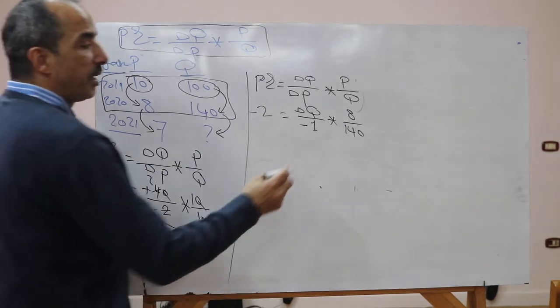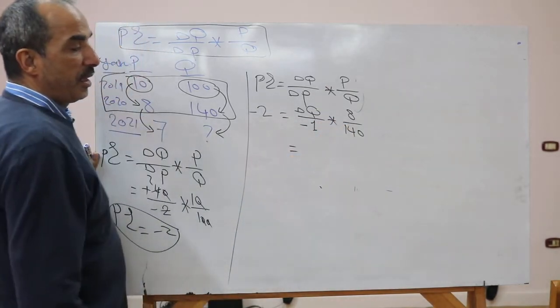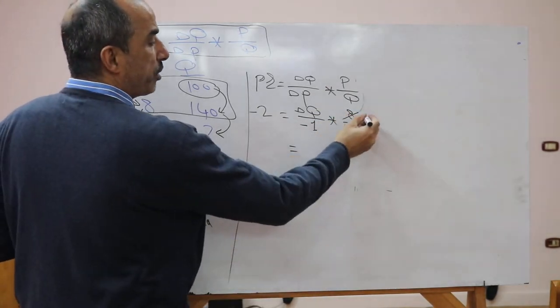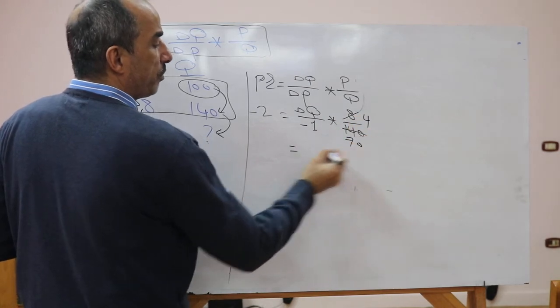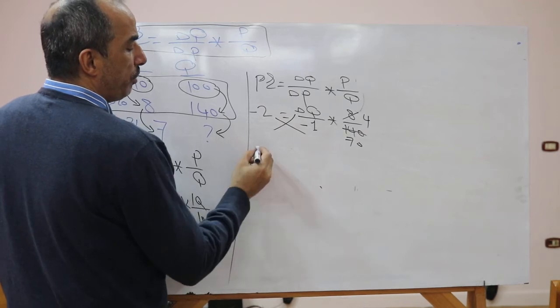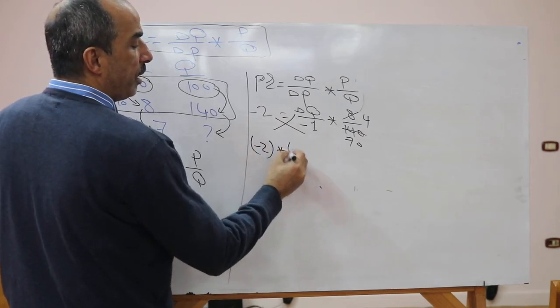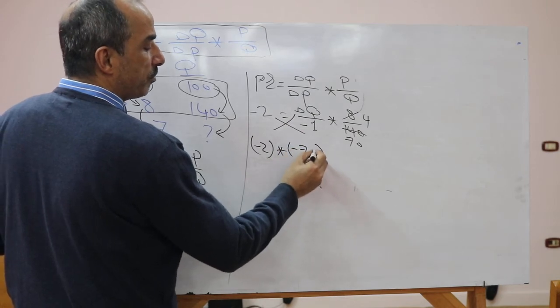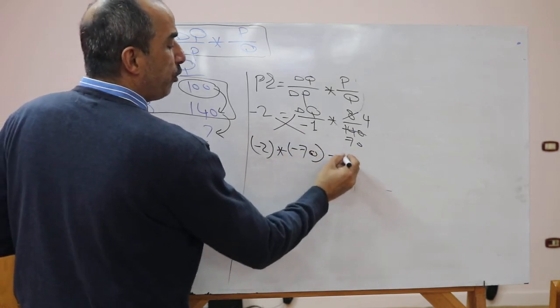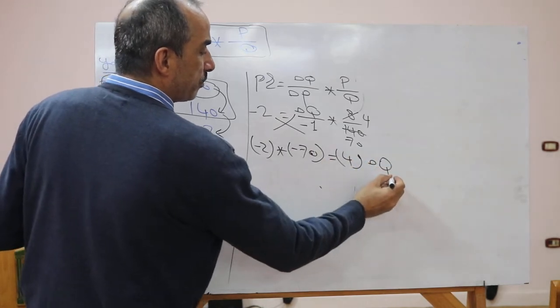Minus 2 times minus 8 over 140 gives minus 2 times minus 70 equals 4 times change in quantity.